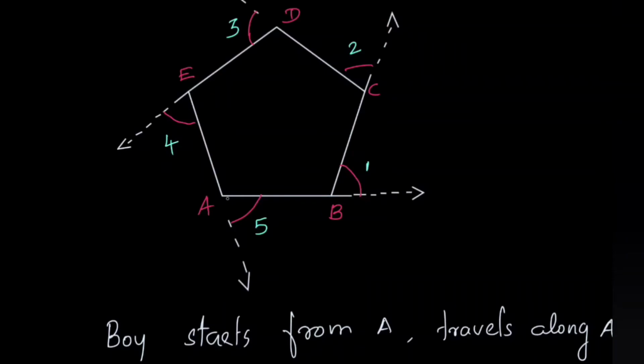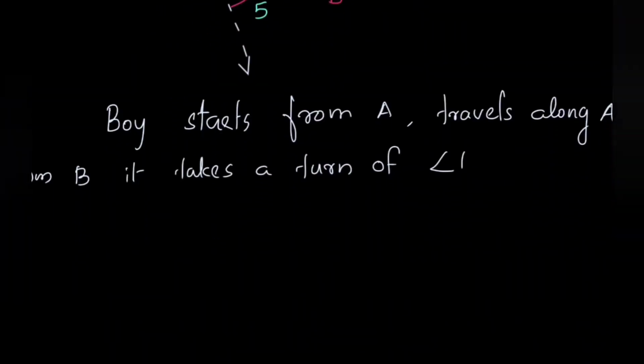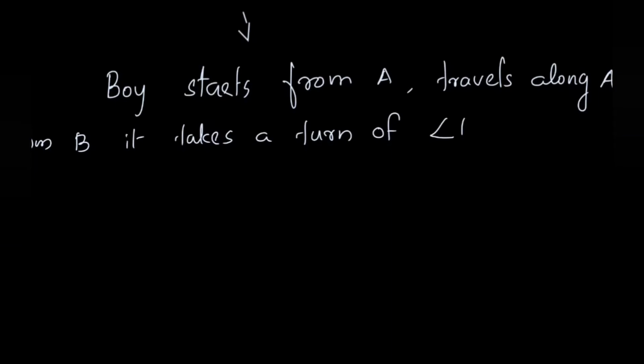This is the way of traveling, and I can write it like this. The boy starts from A and travels along AB.